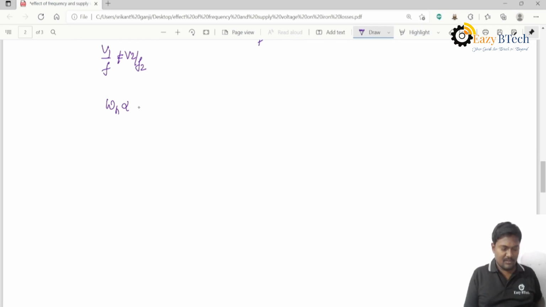Hysteresis loss is directly proportional to V power 1.6 into F, and the eddy current loss is directly proportional to V square. That means V by F whole square into F square.